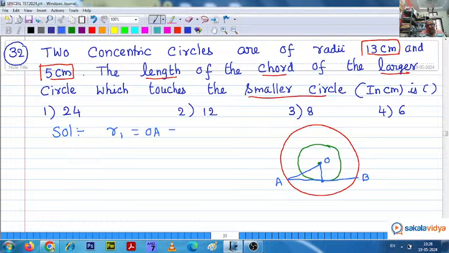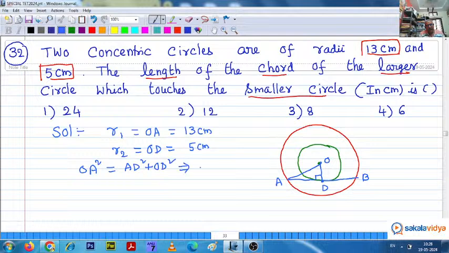Say R1 is equal to OA, that is 13 centimeters, the radius of the larger circle. R2 is the radius of the smaller circle. See, this is OD, obviously perpendicular. OD is equal to 5 centimeters. It's a right angle triangle. Then we can find it like this: OA square is equal to AD square plus OD square.